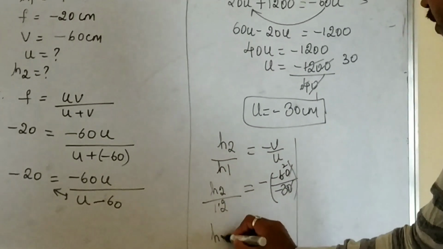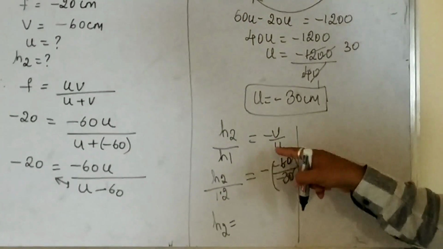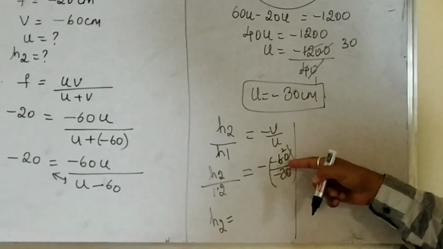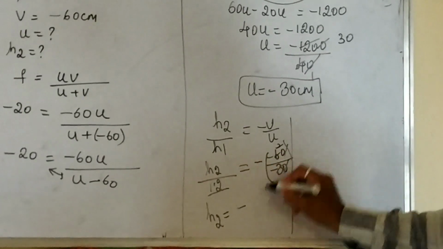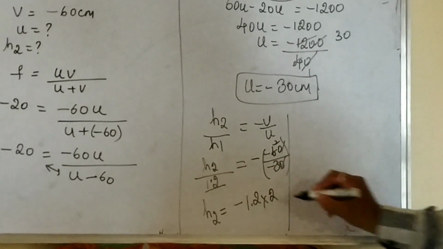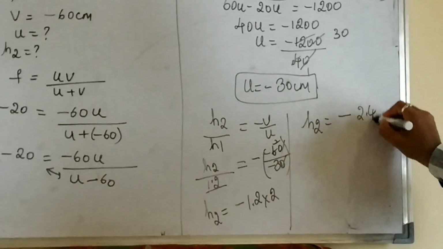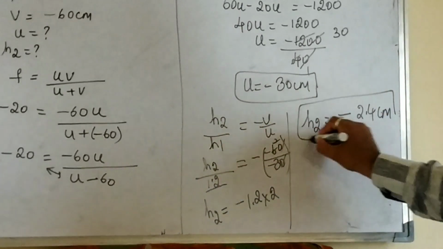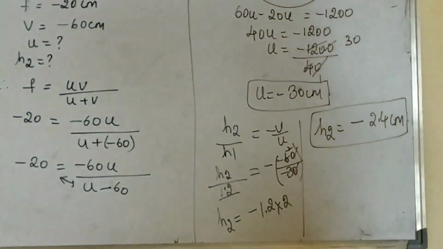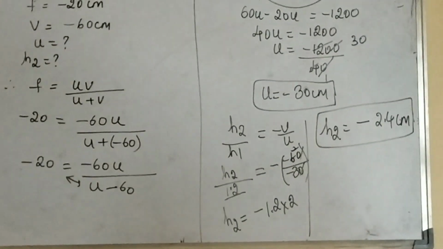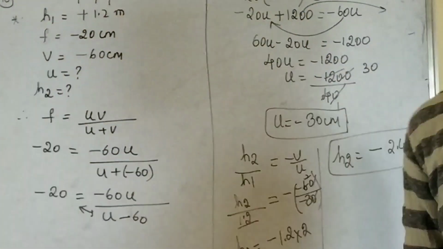So h2 is equal to, now see here, minus divided by minus is plus. Outside the bracket is minus, plus into minus is minus. h2 is equal to minus 1.2 into 2. 1.2 into 2, what will you get? h2 is equal to minus 2.4 centimeter. So height of the image is minus 2.4 centimeter. Real and inverted image. Why? It is a concave mirror. Important question 2017.